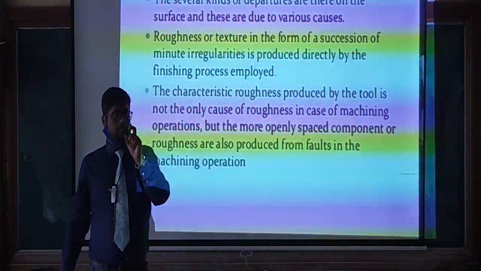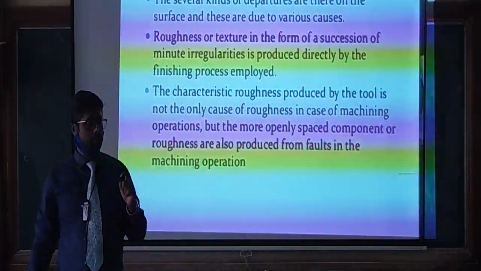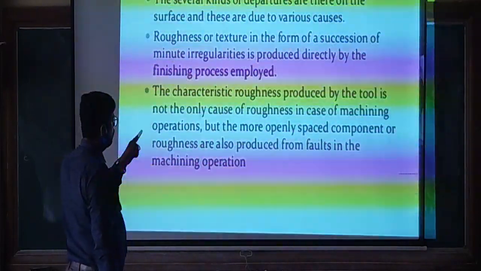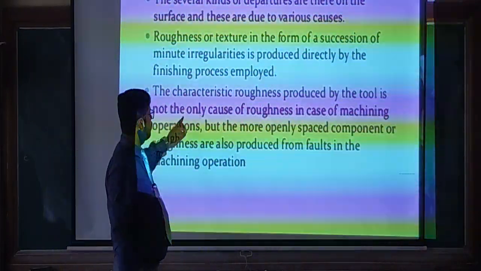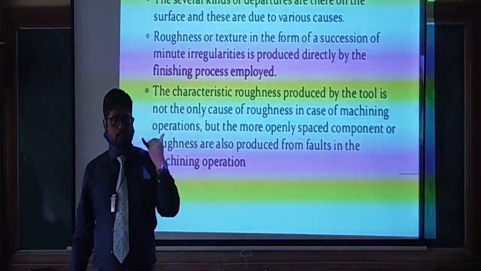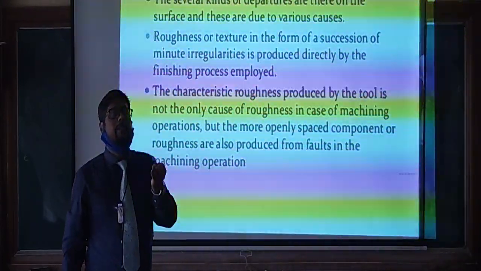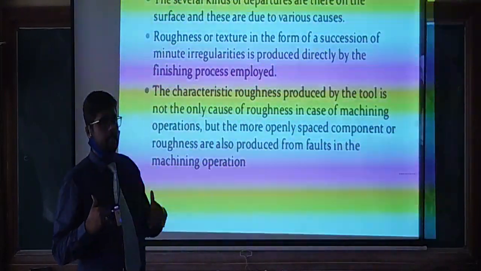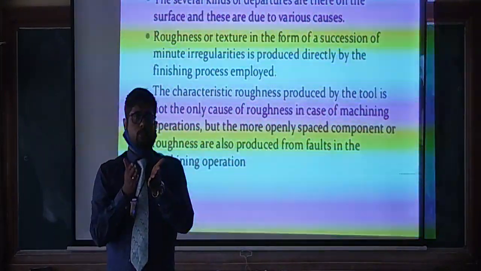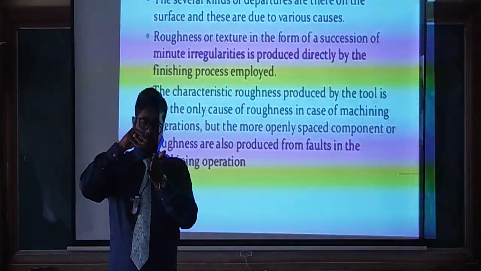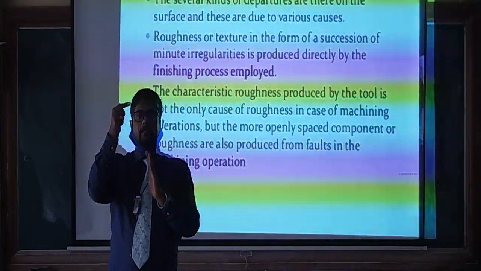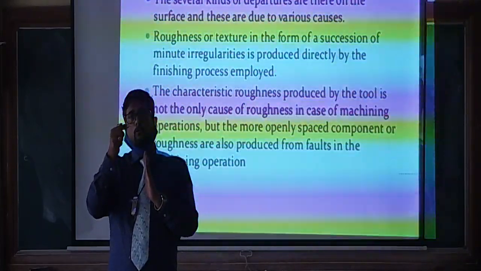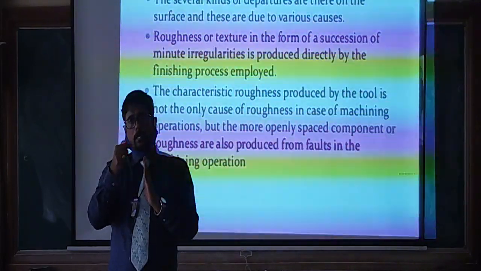Say I am measuring the Ra value. The tool is not the only cause. One cause is the tool, and if I am selecting the tool, that is the first cause. Then, depending on the tool I am using, how much depth of cut I am going to give.